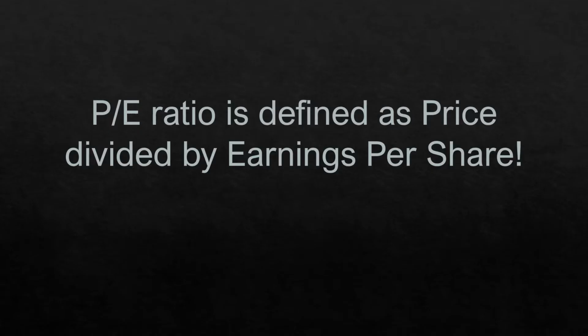So PE ratio, price earnings ratio, is defined as the prevailing price divided by earning per share. As I have already discussed in another video, this earning per share can be on a historical, that is trailing, basis, or it can be on a forward basis.